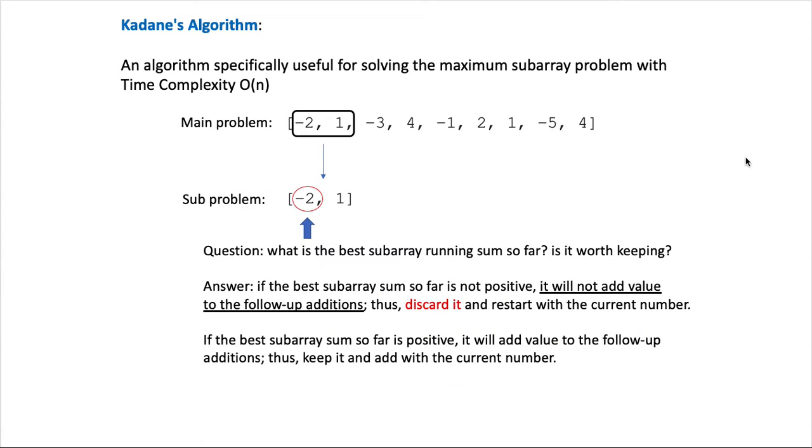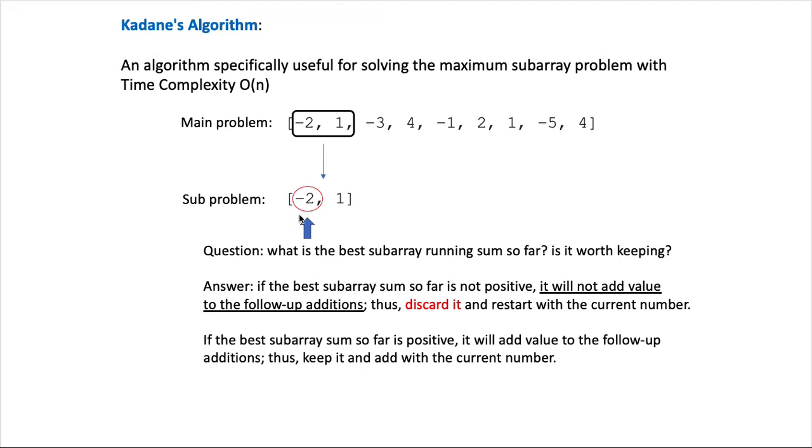Now we look at Kadane's algorithm in more detail. Given the main problem, we want to break it down to the subproblem with only two numbers at a time. And our question is, what is the best subarray running sum so far? We look at the -2 and ask ourselves, is it worth keeping?